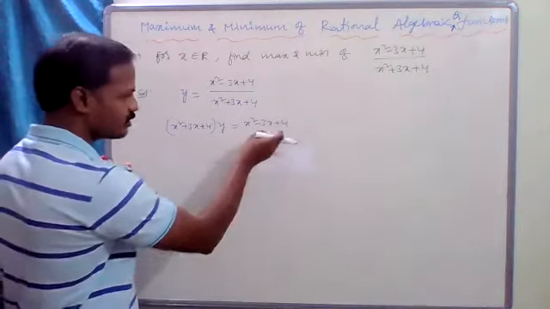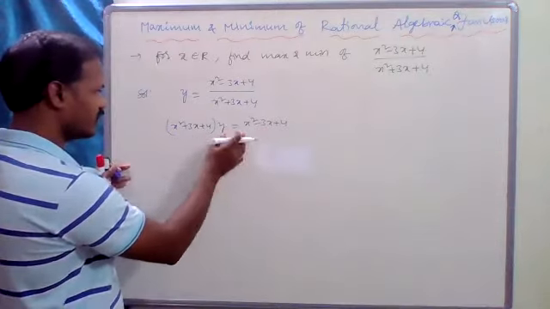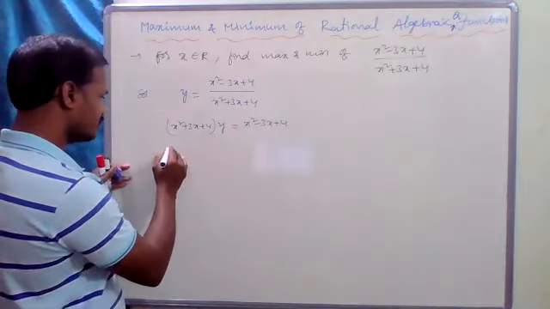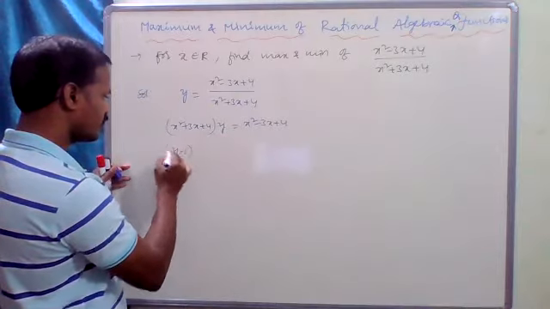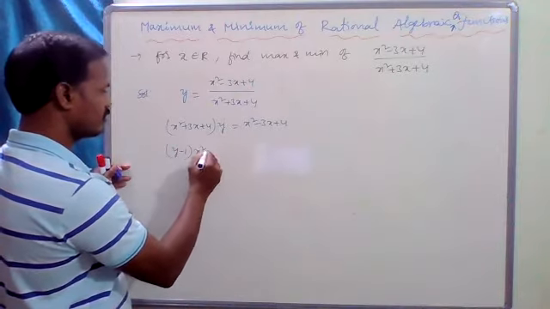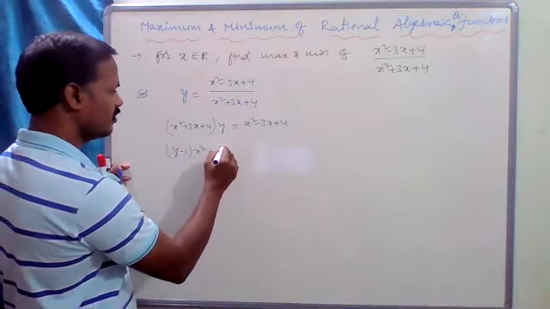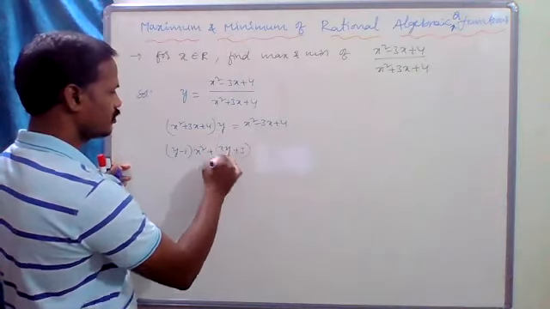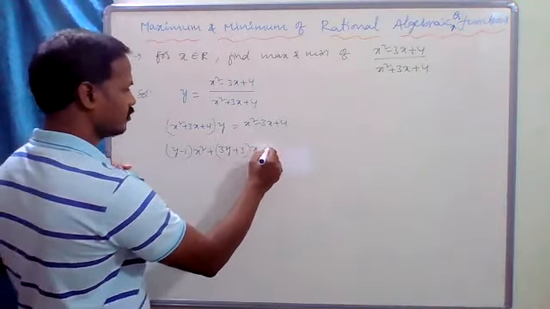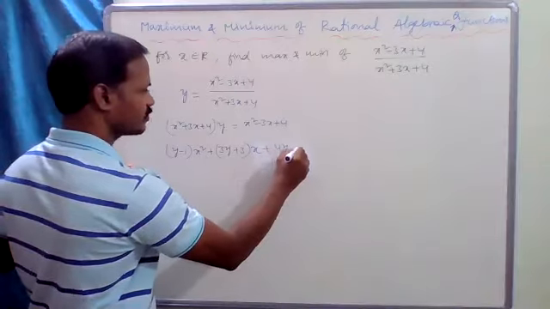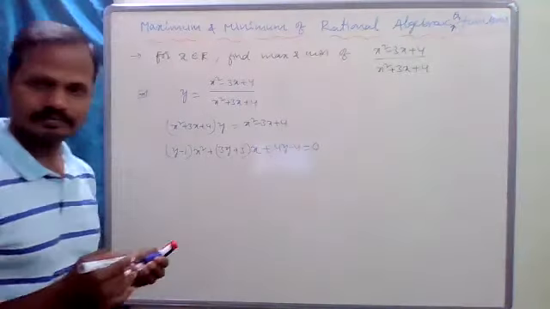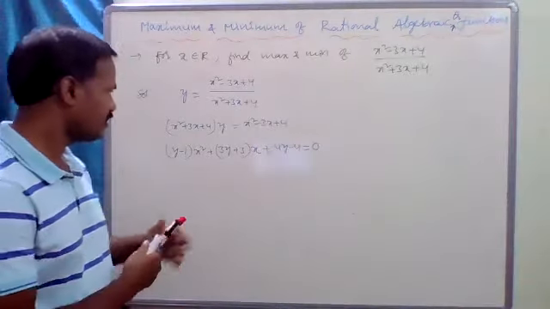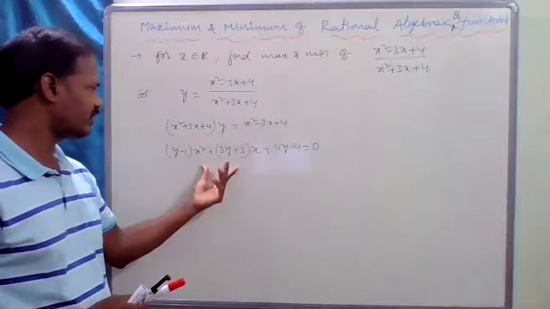Okay. Now take this to left side. Then what you will get? So this is y minus 1 into x square plus 3y plus 3 into x plus 4y minus 4 equal to 0. Is it okay? Take this to left side and simplify.